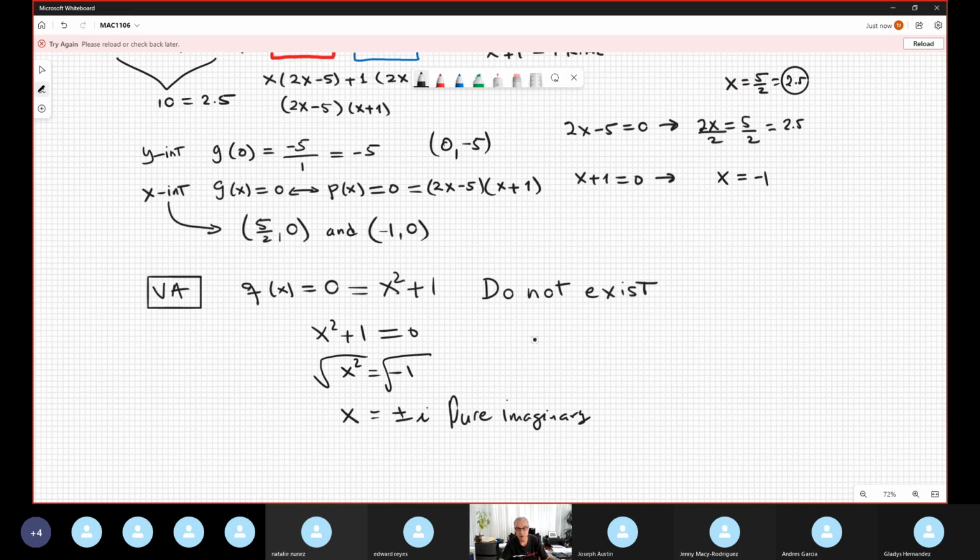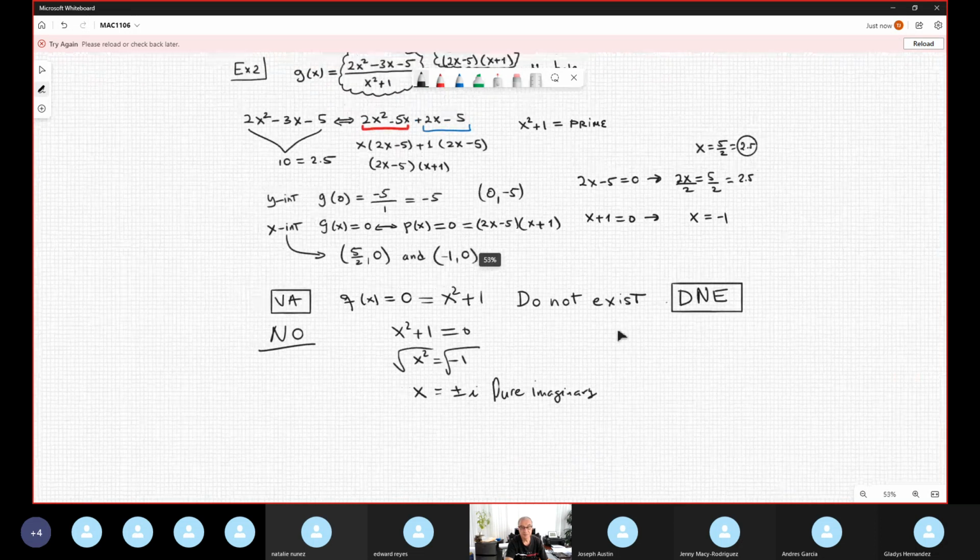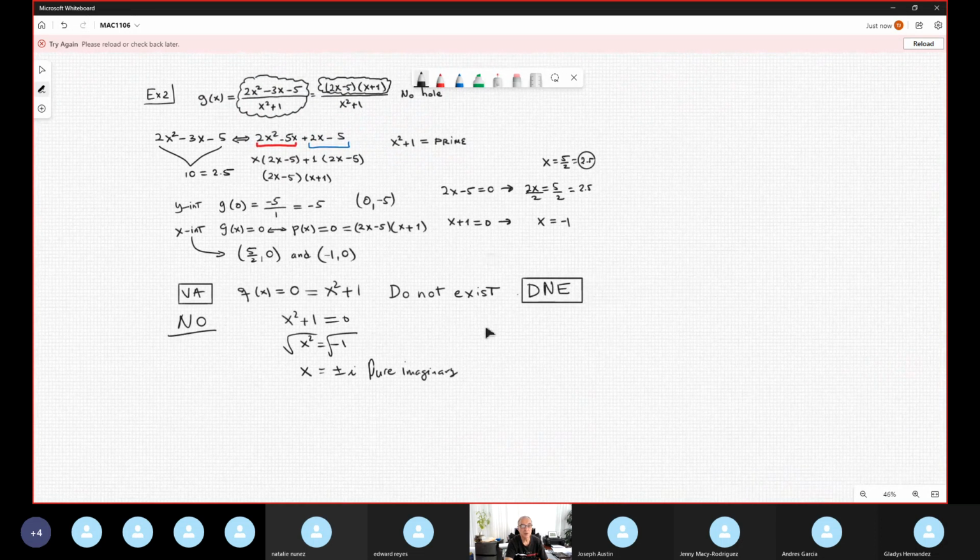In mathematics you normally write DNE, it's equivalent to saying does not exist. So the conclusion: our function has no vertical asymptote. This is weird, but it happens, depending on the nature of the polynomial in the bottom.